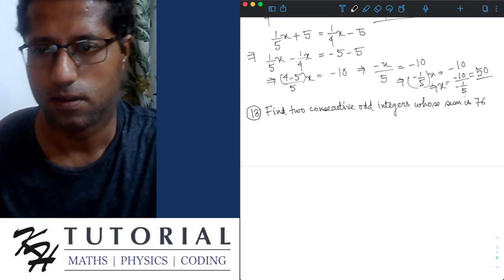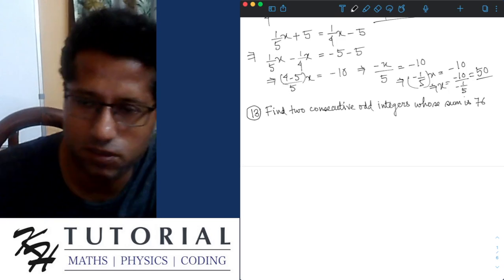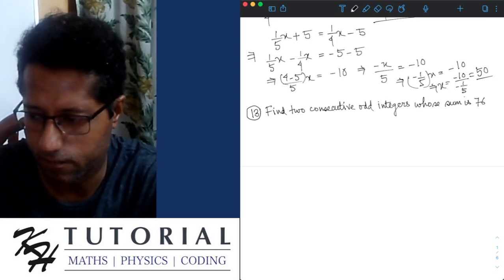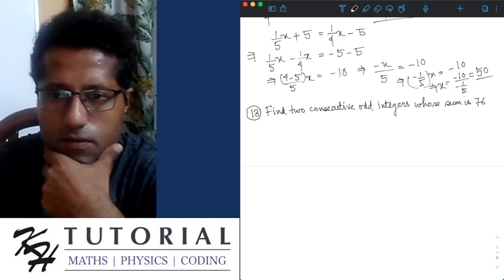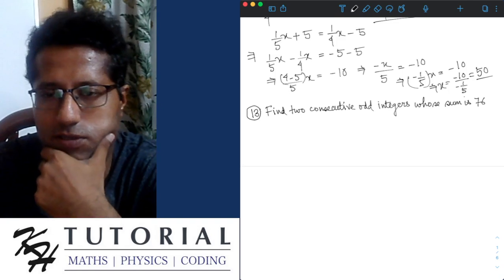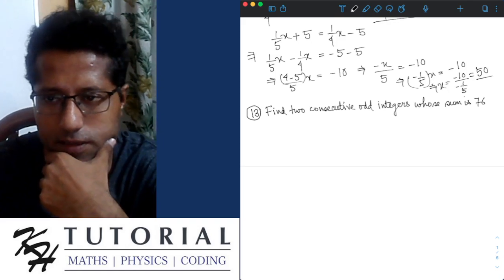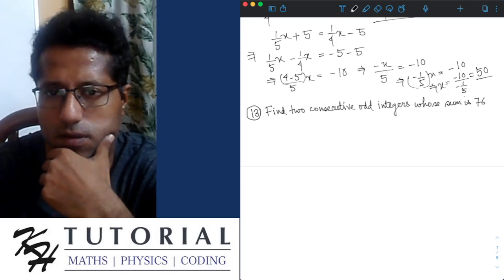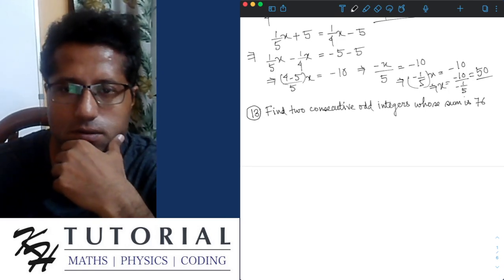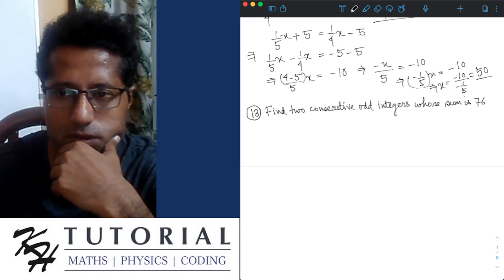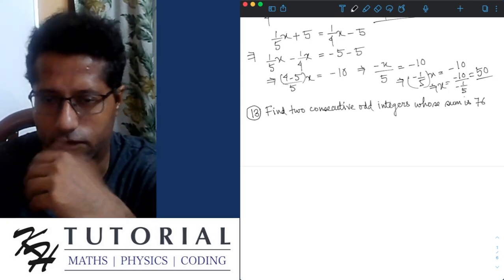Now, what is the unknown quantity here? Either you can consider the first odd integer to be the unknown quantity, or the second odd integer, where the first and second means they are consecutive.